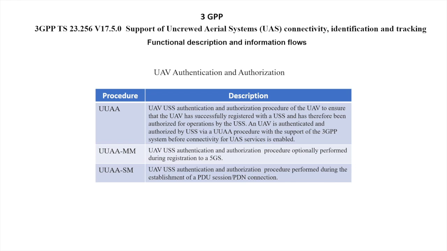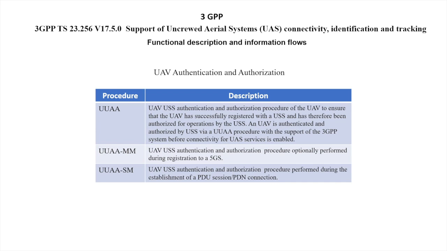UAV authentication and authorization includes three procedures. The UAV USS authentication and authorization procedure, UUAA in short, is performed to be sure that the UAV has successfully registered with USS and has therefore been authorized for operations by the USS.